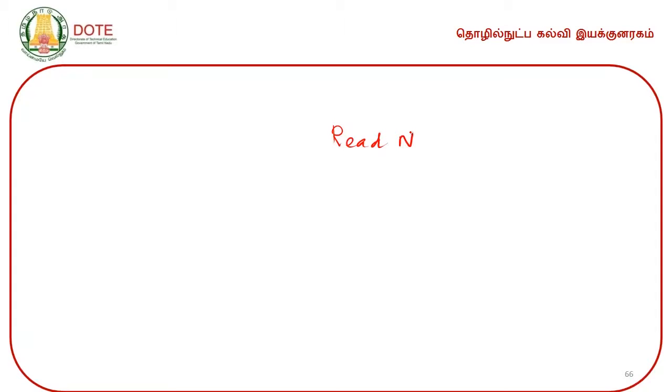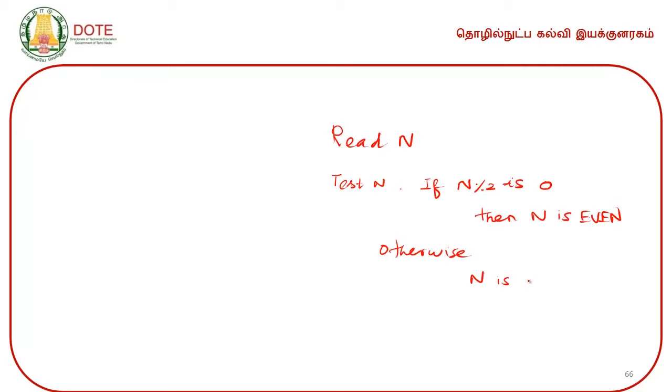So, we read the value of n, test n by comparing: if n percentage 2 is 0, then n is even, otherwise n is odd.